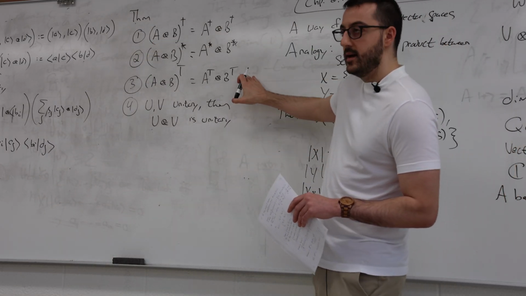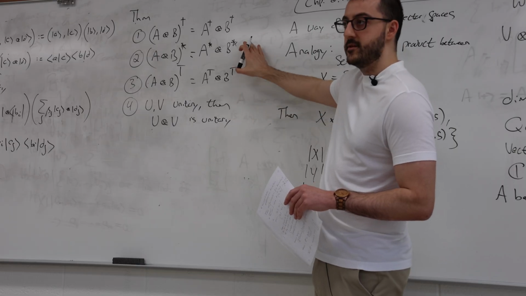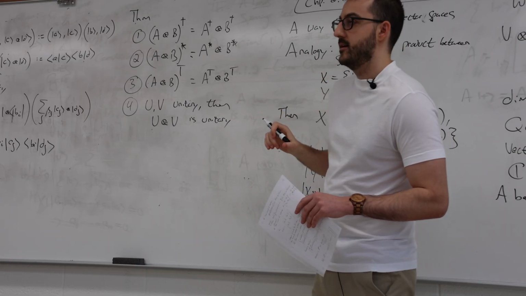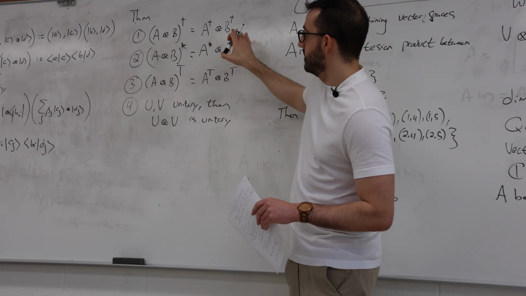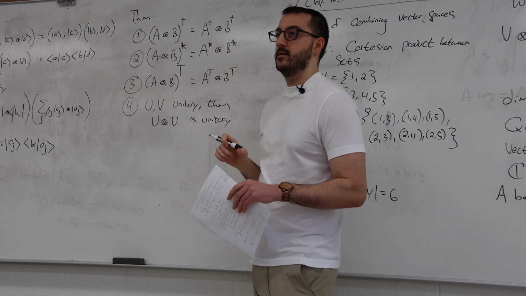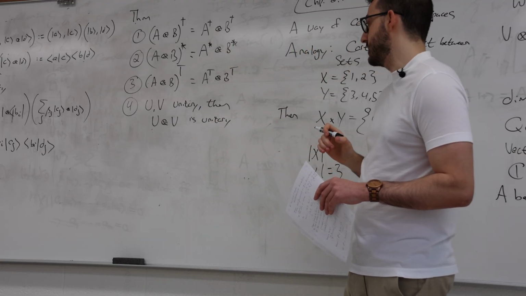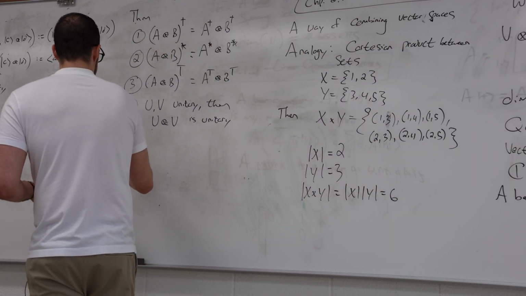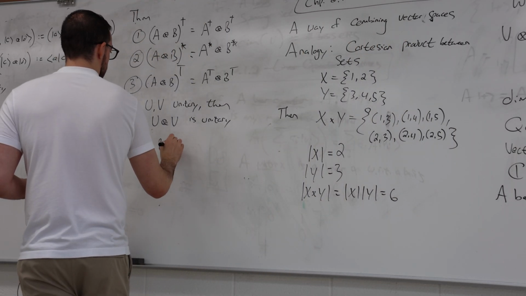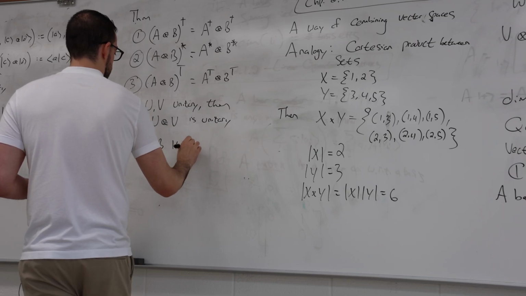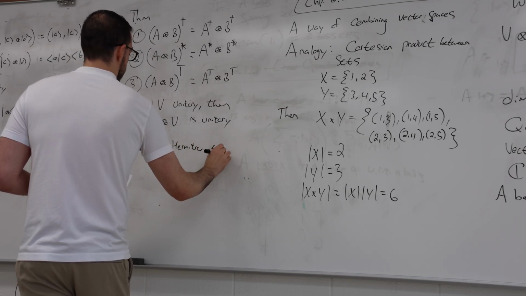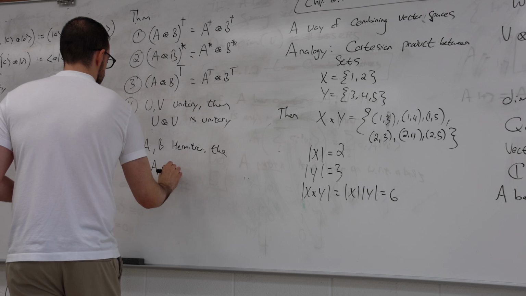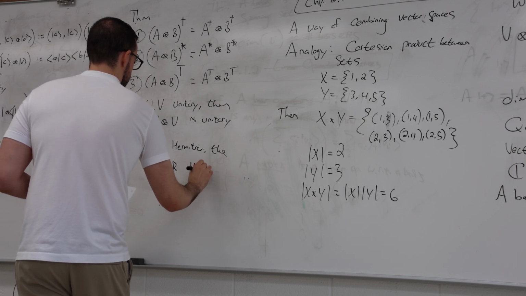You can maybe see how that's true from the first three properties, pretty much using the first one and then the definition of what it means to be a unitary matrix. The same will be true if A and B are Hermitian. Then A tensor B is also Hermitian.